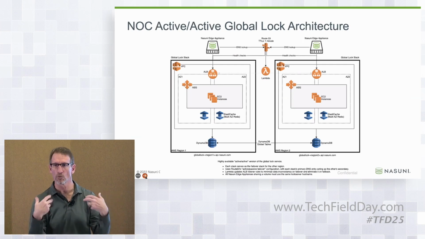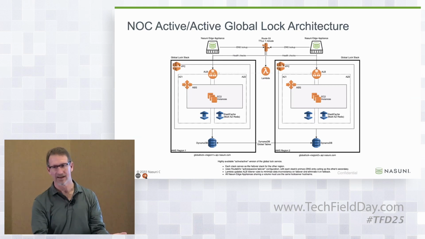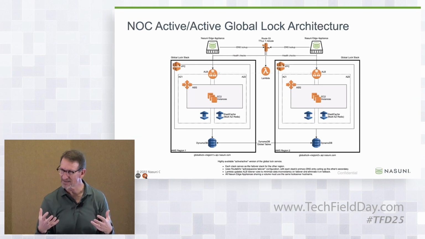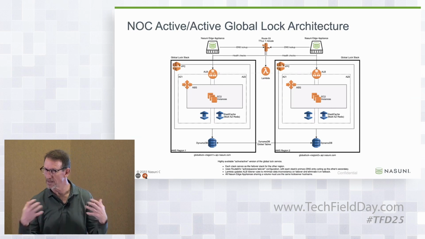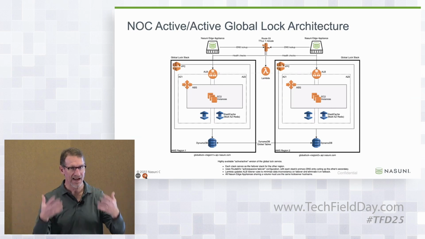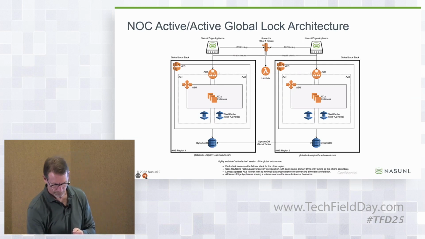So as more and more requests hit the Nasuni Orchestration Center, it adds resources as it needs. If those requests go away, it shrinks the consumption of those resources. So it's very elastic in that sense and very highly available in that sense. So users can get the level of performance and activity that they need through the Nasuni Orchestration Center.